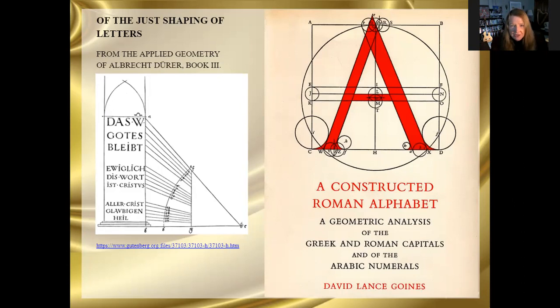Hold the thought about how you can flip it into a shape, but I want to first point out that among the great artistic lights of the Renaissance, the famous painter Albrecht Dürer also writes a book of geometry, and one of the things Dürer talks about, as we discussed back in Theorem 8, is the just shaping of letters, how to make them with a compass and straight edge. And I also mentioned a modern person who has done work on that, David Goines.